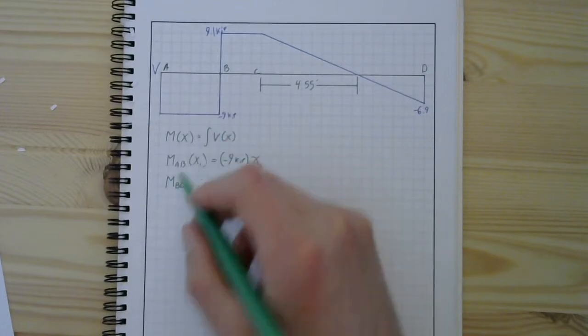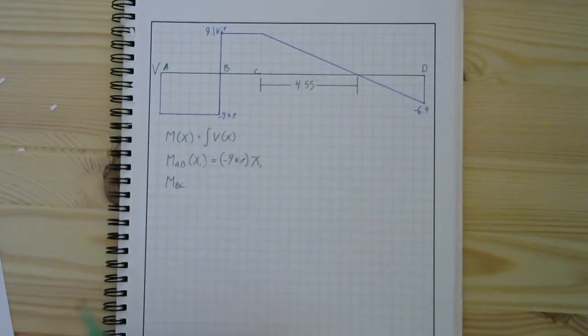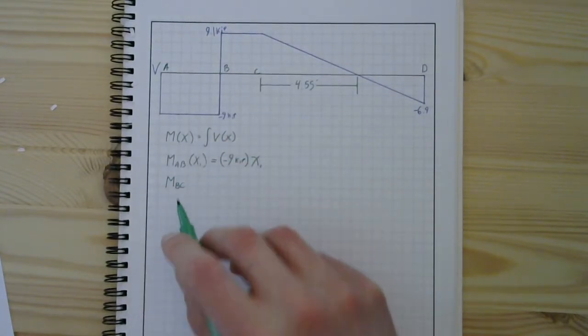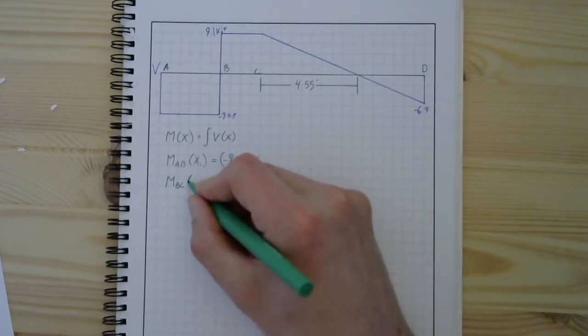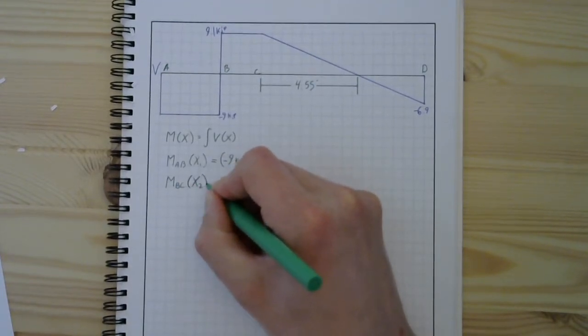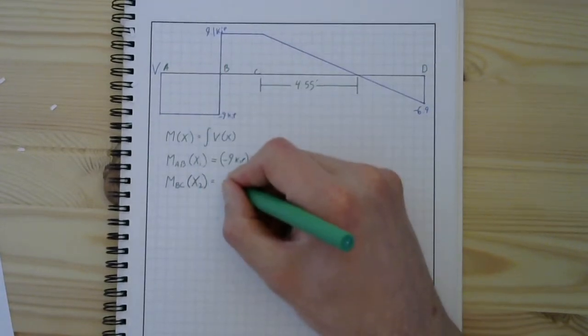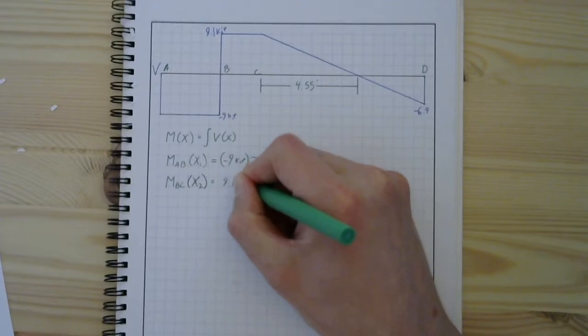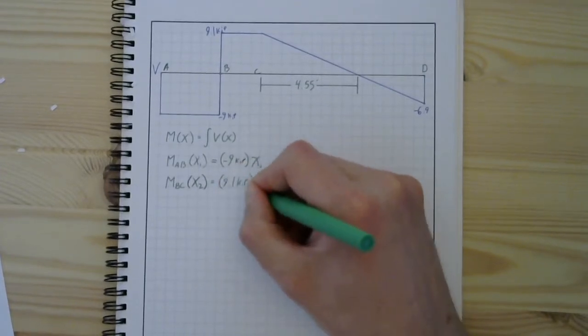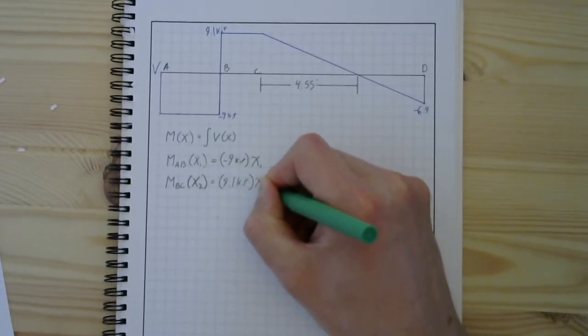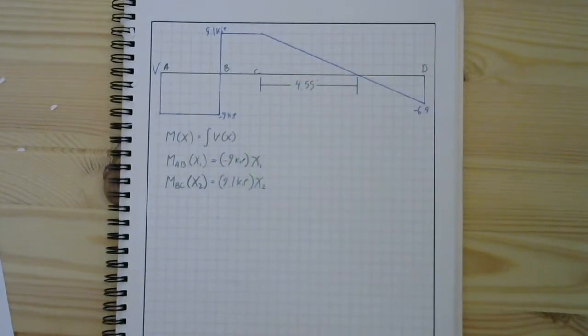from B to C, we're going to have 9.1 kip times x2, but we are going to have a constant of integration.